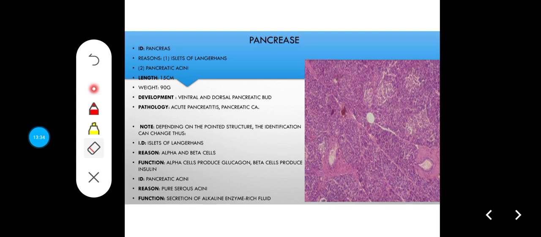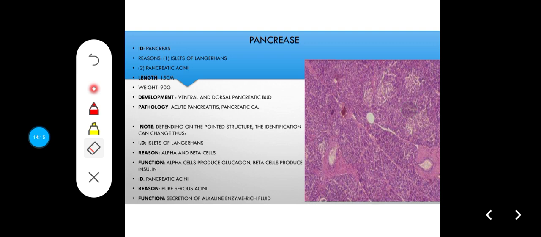So the endocrine part is the islets of Langerhans, which contain groups of cells: alpha cells, beta cells, and delta cells, while the exocrine part represents the pancreatic acinar. The pancreatic acinar release serous secretions, just like you see in the parotid gland. So they release serous secretions, hence they stain deeply. They take up hematoxylin and eosin stain very well.